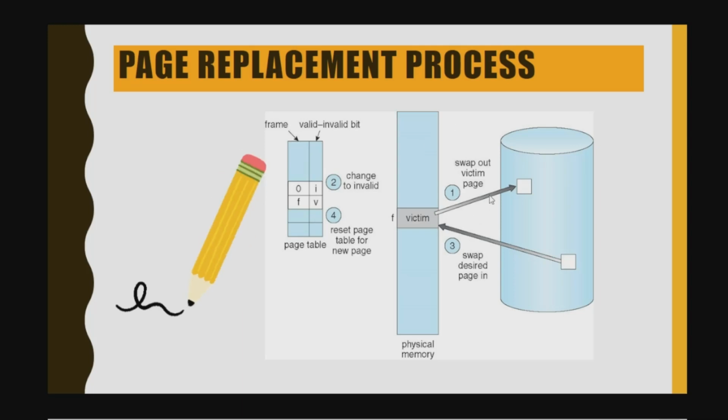So swap out the victim page and then swap the desired page into this location. Number 1, first you swap out the victim page. Number 2, change to invalid, before this it was valid. Then swap the desired page in and reset the page table.